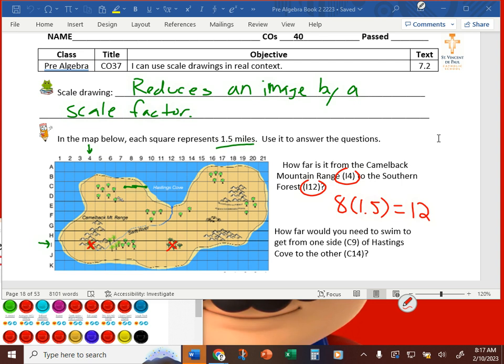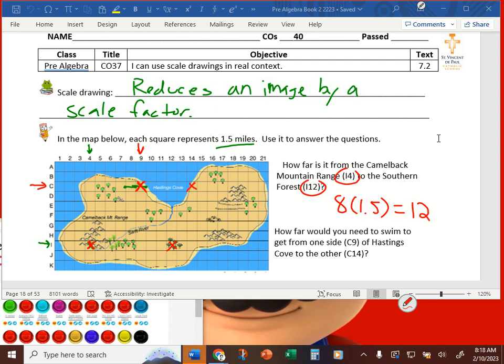All right. Next one. How far would you need to swim to get from one side, C9 of Hastings Cove, to the other at C14? So C9, again, we're looking for that C row, the 9th column, where those two things meet. Oh, I already kind of drew a line there. And you want to get to the other side of the cove, which is C14.